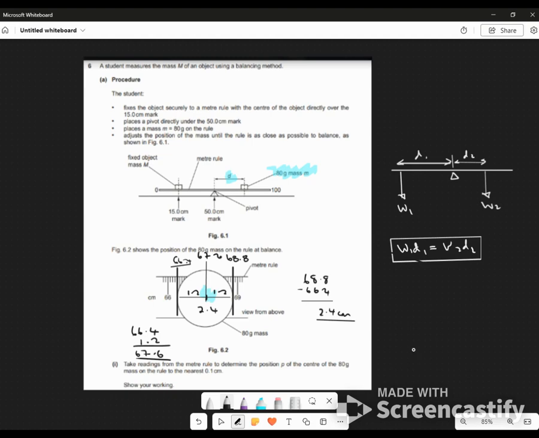So that's take readings from the meter rule to determine the position P of the center of the 80 gram mass on the meter rule to the nearest 0.1 centimeters. So I'm going to say the center of the 80 gram mass is at 67.6 centimeters.